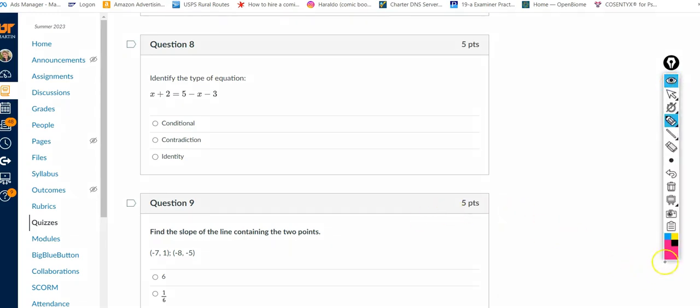All right, so identify the type of equation. Again, I need to solve for x. So I'm not changing the left-hand side, not yet, but on the right-hand side, I have 5 minus 3, which is equal to 2. Okay. Now, if I want to solve for x, how about we add x to both sides?